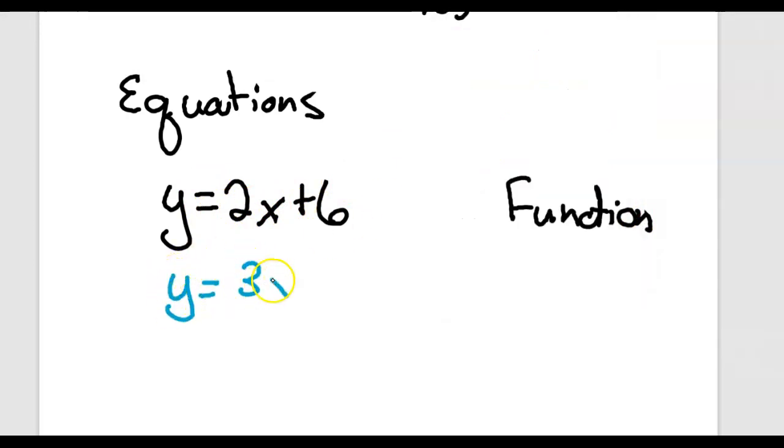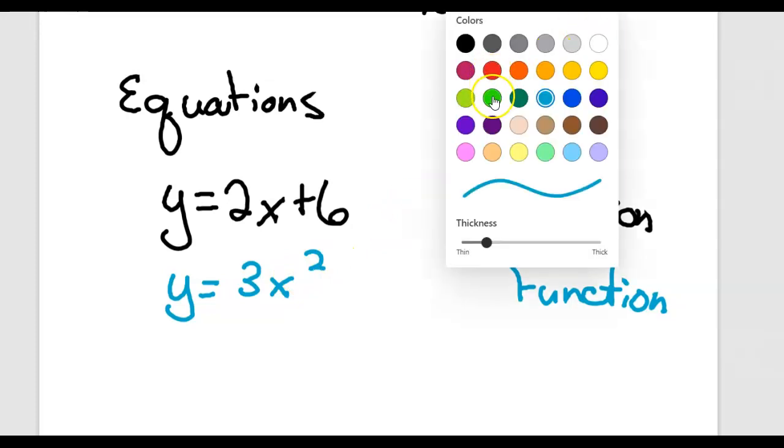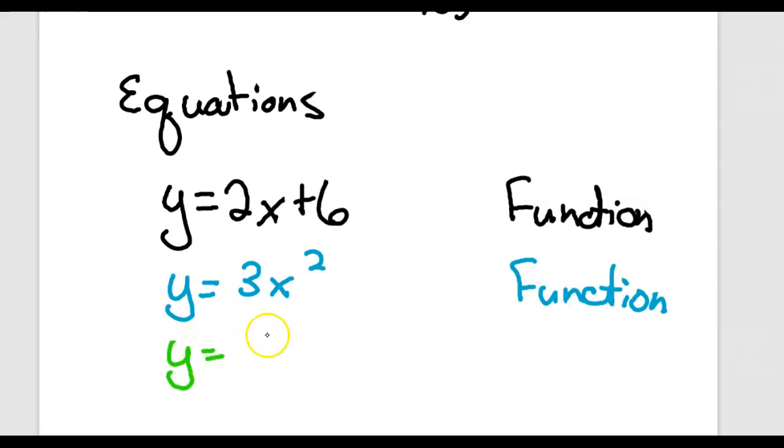Something that looks like this is also a function, and you'll notice that I've changed the exponent of my x's. Even if I were to do y = 4x^3 - 7, that would still be a function.